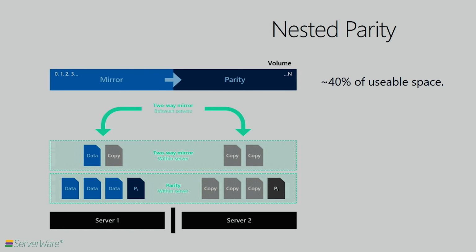If you need a little bit more capacity with the same set of features, you can consider nested parity. With this environment, you can see there are two tiers of redundancy. The first tier is parity. If you refer back to a hardware RAID environment, you are actually talking about RAID 5.